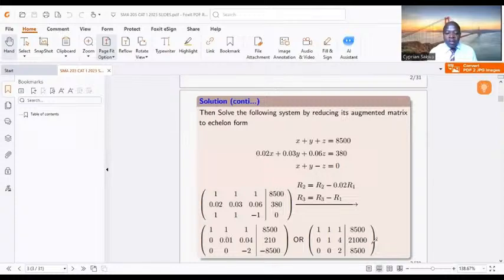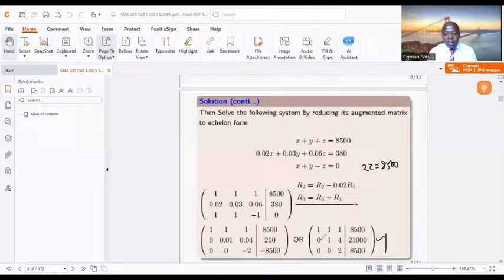Once you're here, you solve this from the bottom going up. And you know what this last row means? It means 2z is 8,500. That's what this last row means.